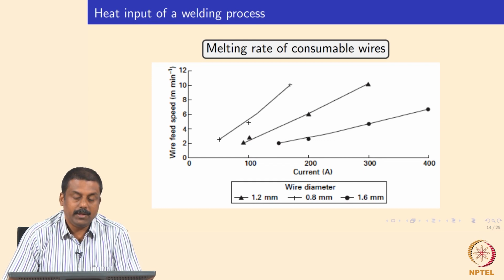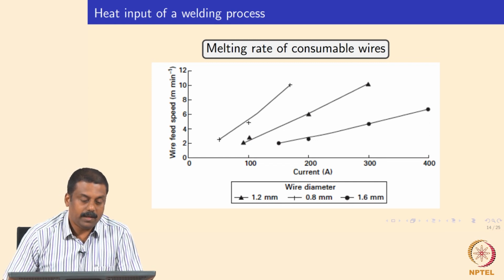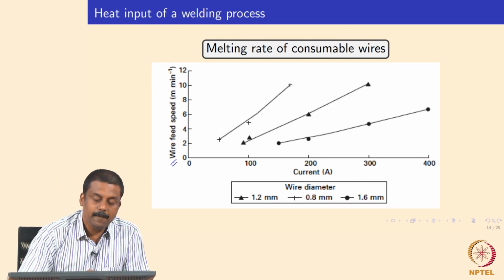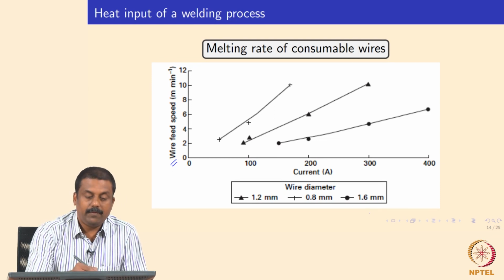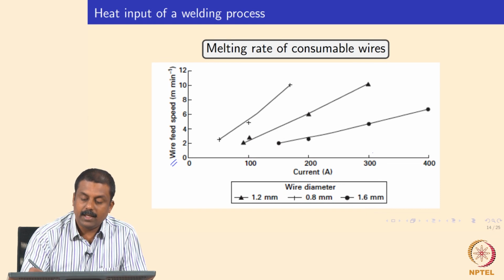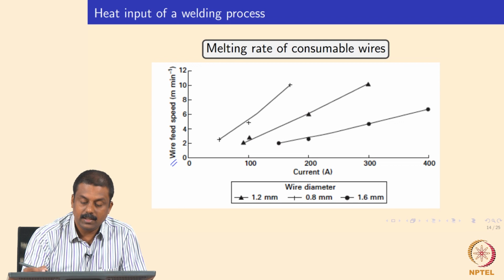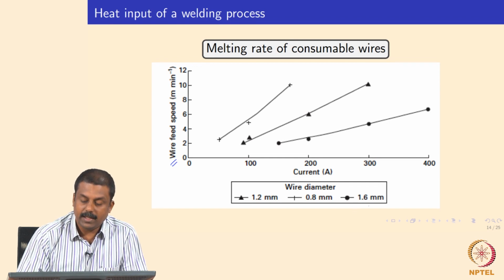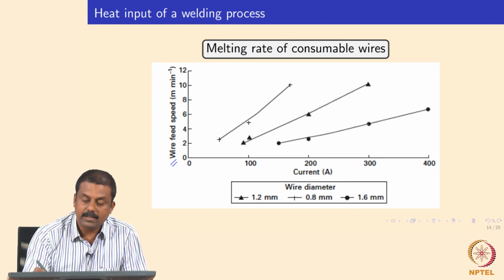Okay, so when you want to keep the arc length constant, obviously your wire feed rate should be equal to the melting rate. Once you have a constant arc length, so your wire feed rate equals your melting rate, then as a function of wire diameter, you keep the stick out length constant, and if you change the wire diameter, obviously by increasing diameter you are melting less.